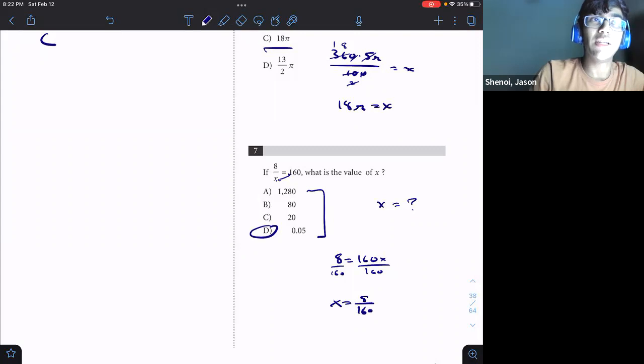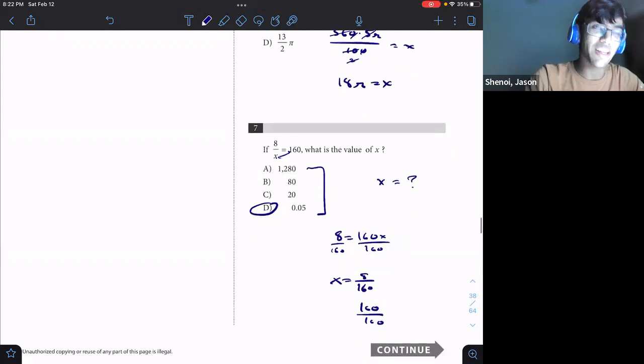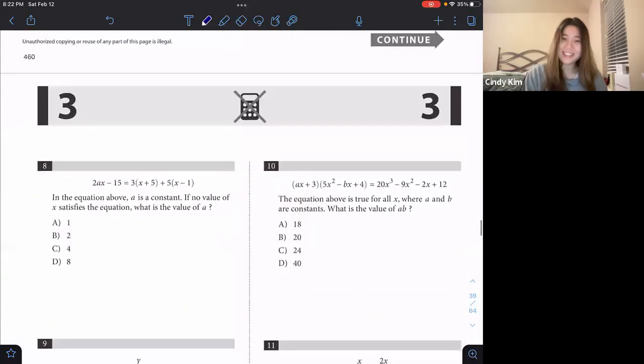The numerator has to be greater than or equal to the denominator for the fraction to be 1 or greater. For this to be 1, it'd have to be 160 over 160, right? 8 is a lot smaller than 160, so we know the fraction is less than 1. Does that make sense? Since the only one that's less than 1 is 0.05, you just pick 0.05. But I never want to see you miss a problem like that. You knew the answer. Don't skip it.